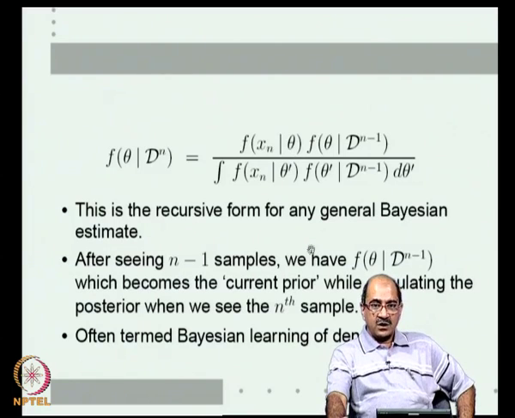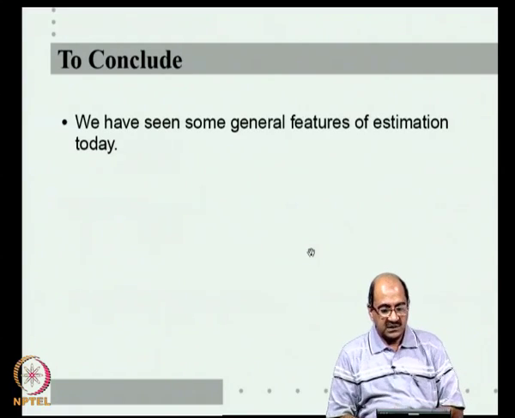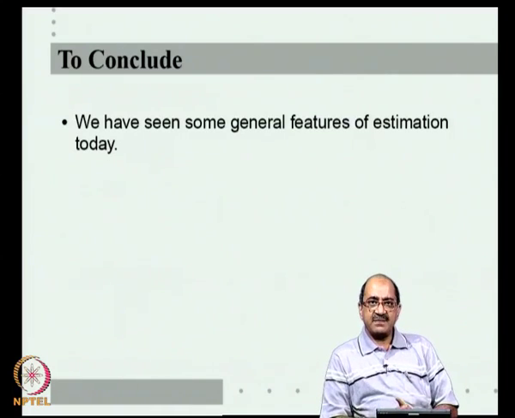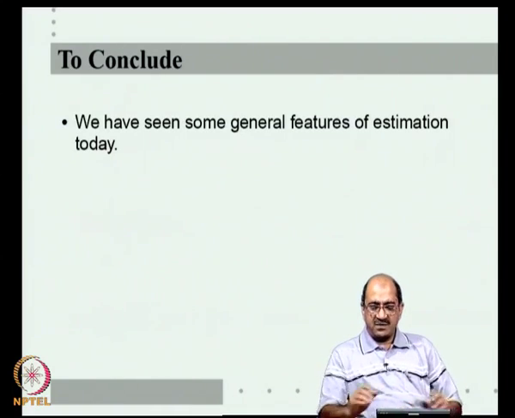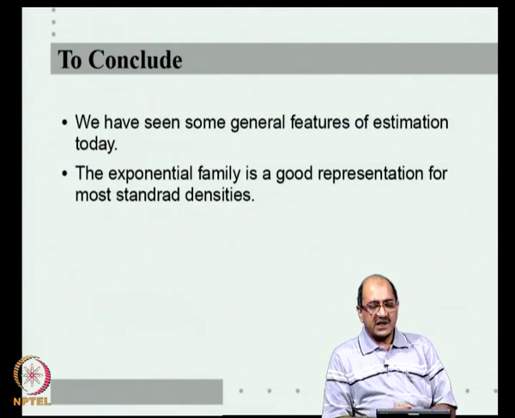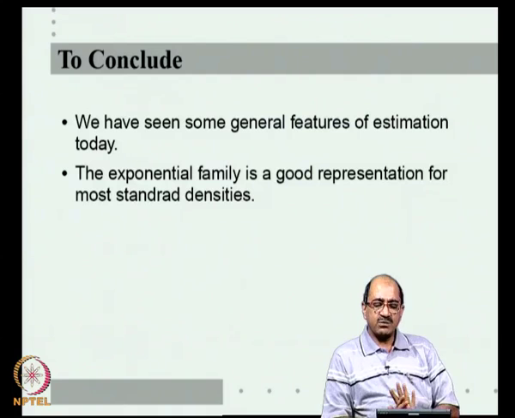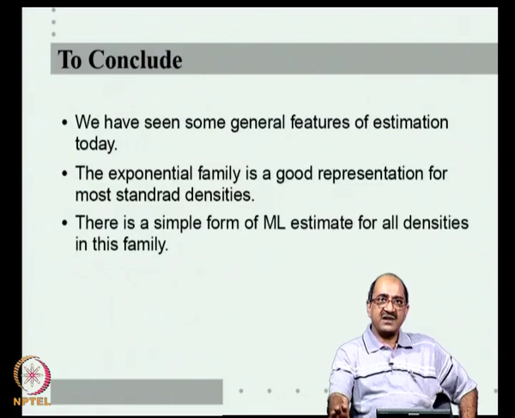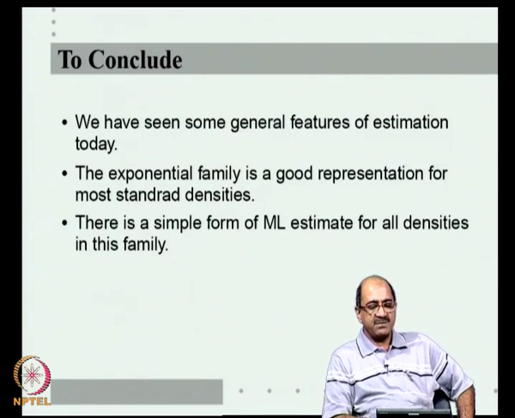Okay. So, we will sum up today's class. We have seen some general features of estimation today. We have looked at the so called exponential family, which is a good representation for most standard densities, so that we can think of all ML estimates of standard densities in a convenient general form. It gives the simple form for ML estimation for all densities in the family.